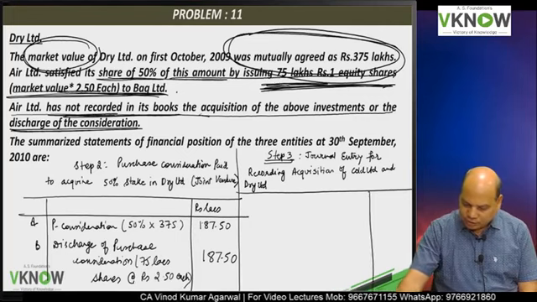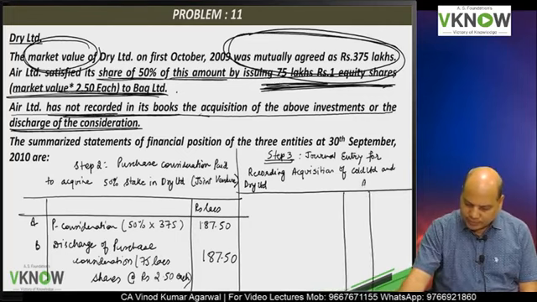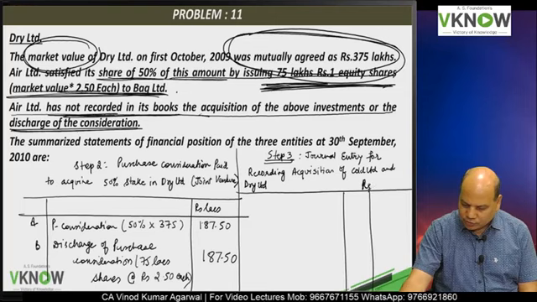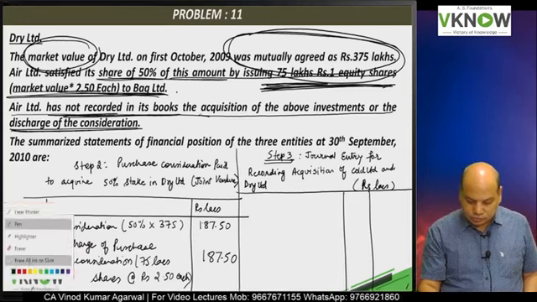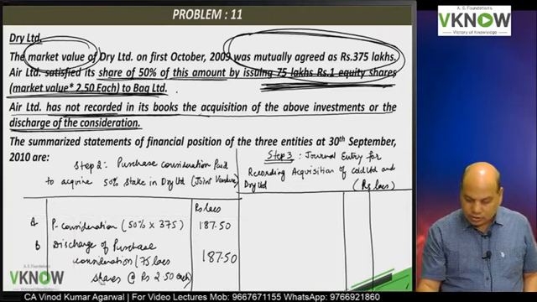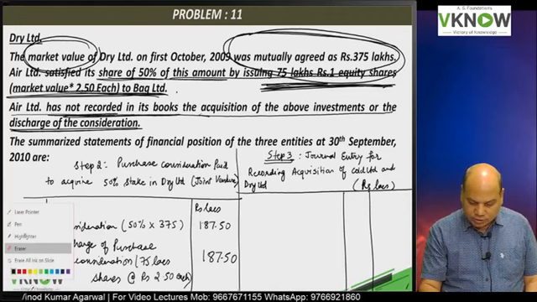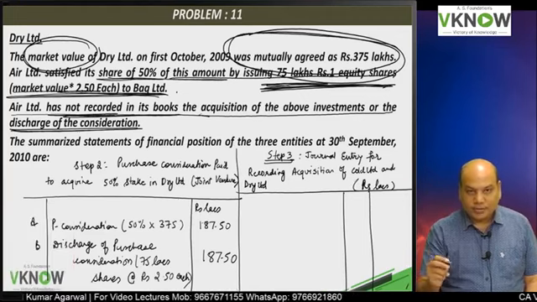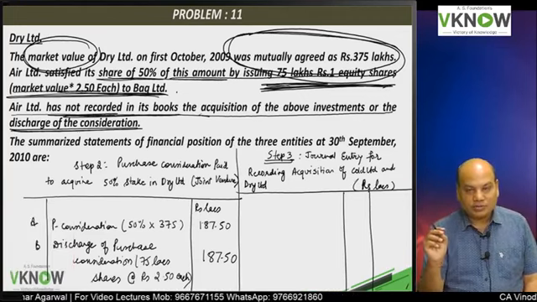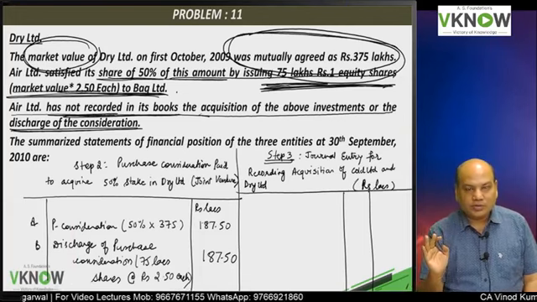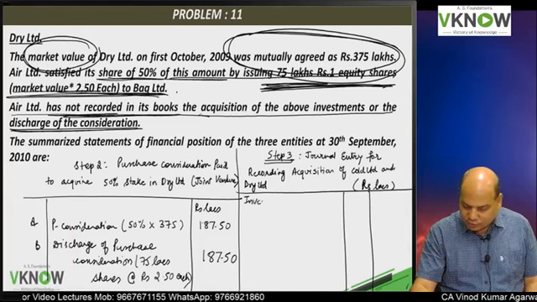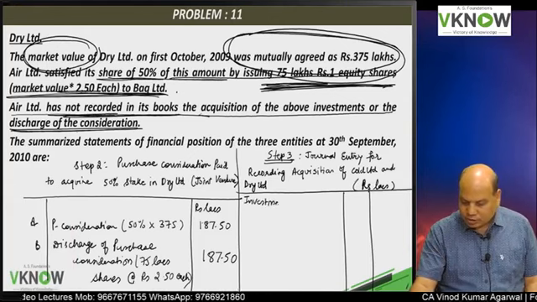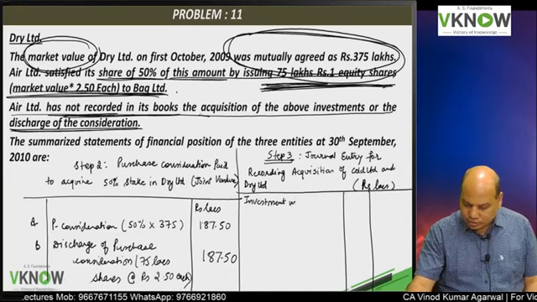Journal entry for recording acquisition of Cold Limited and Dry Limited. So on the right hand side, rupees in lakhs. Listen to me carefully. You have made two acquisitions, but you have not recorded them. So now we are going to record like this. Please write this down for understanding; it is not written in the institute answer.